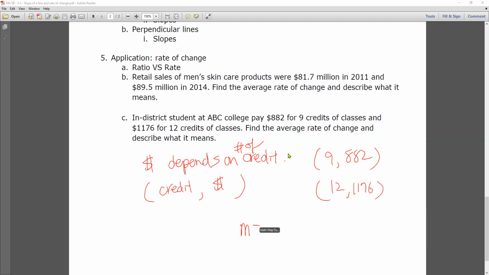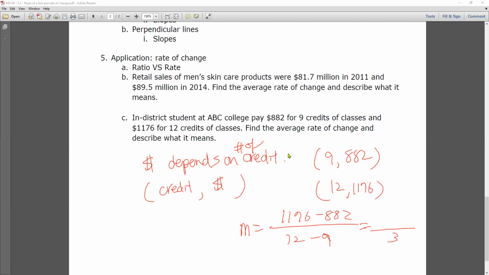Throw this into the slope formula. We get 1176 minus 882 over 12 minus 9. Calculator, 1176 minus 882 is 1094 over 3. Oops, that's not right.